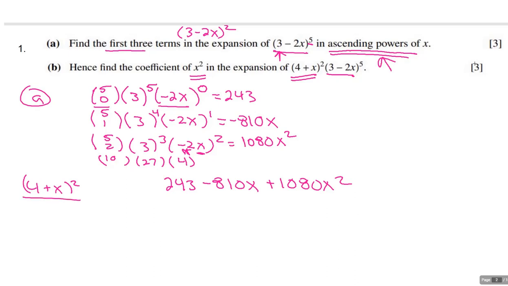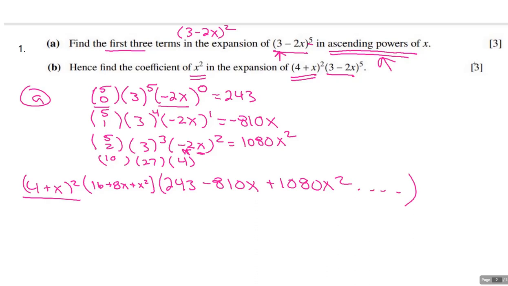So what do I got to do to 4 plus x squared before I can multiply those 2 together? You have to expand it. Yeah, so what is 4 plus x squared? 16 plus x squared. What else? And plus 8x. Good. So really what I'm doing is I'm taking this times, remind you there's more terms, we just don't have them all, right?